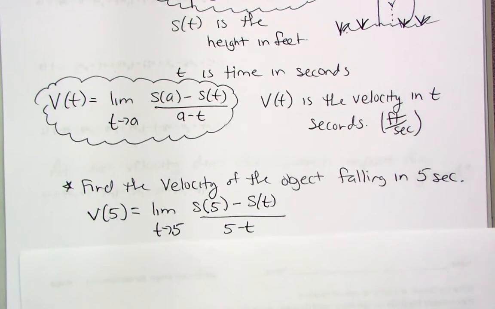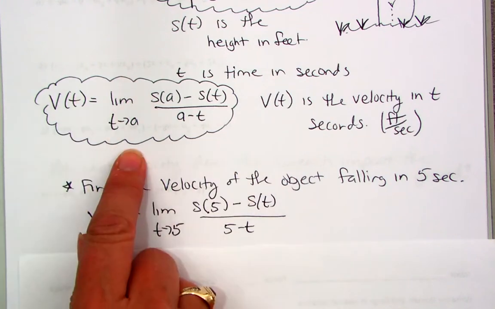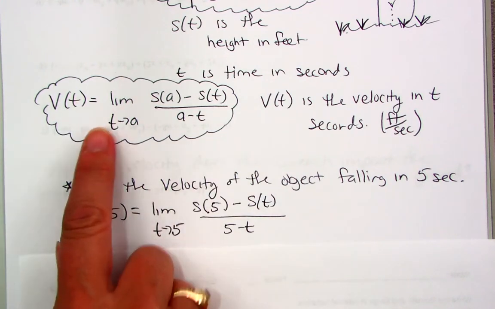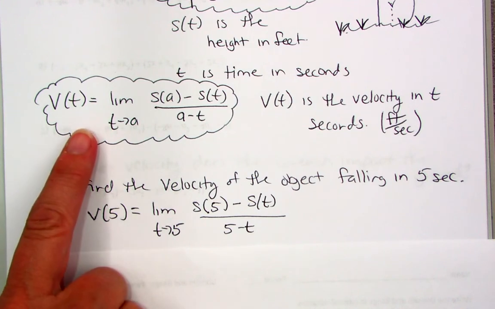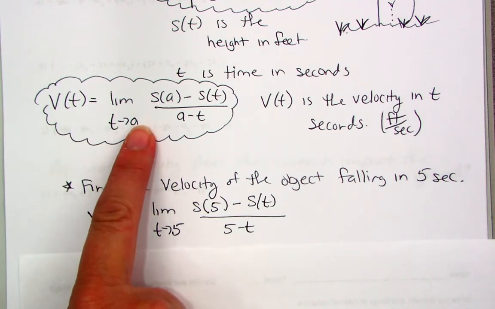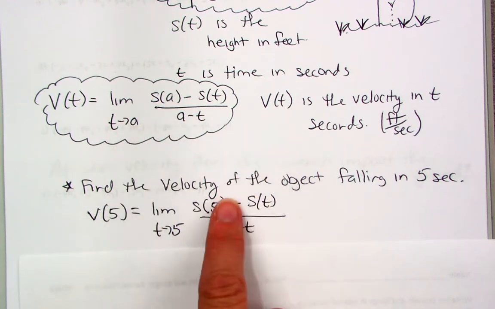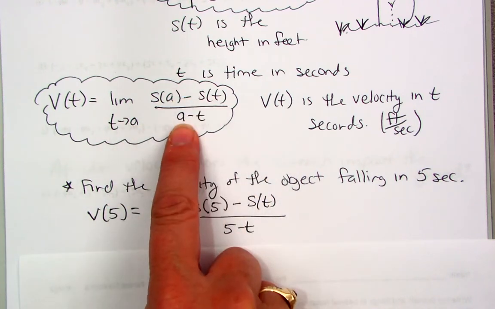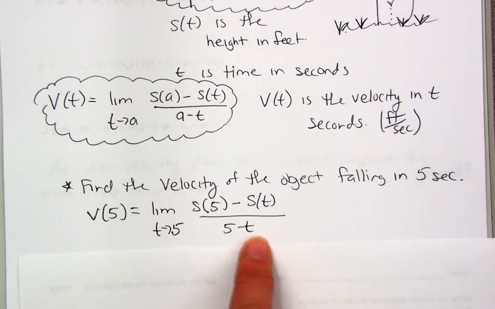First I just found which equation I'm going to use. I want to use the velocity equation. Substituting for time, it's going to be after 5 seconds, and wherever I see a, I'm going to put in my 5 seconds. I put 5 in for a and 5 in for a, and the rest is the variable t.